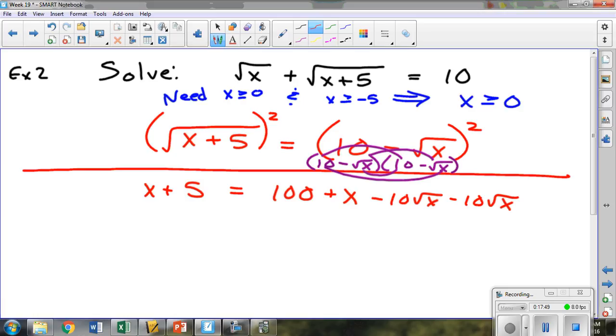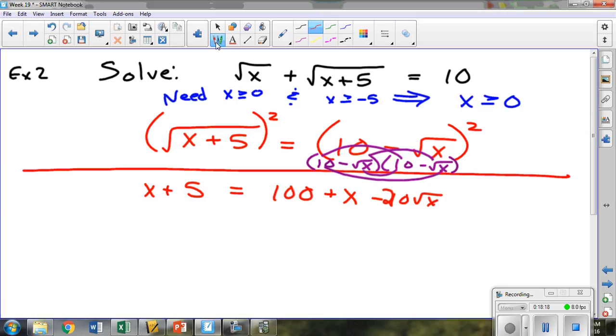Now we can combine those two things. Negative 10 root of x minus 10 root of x together combine to become negative 20 root of x. So why go through and do all that? Well, it's better now. Instead of having two square roots, we're down to one square root.